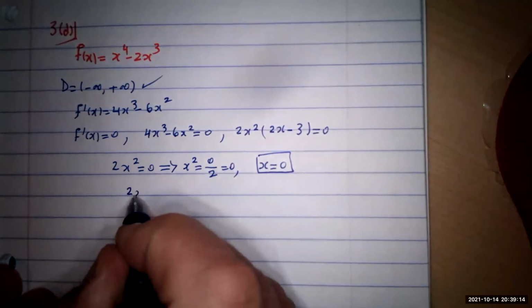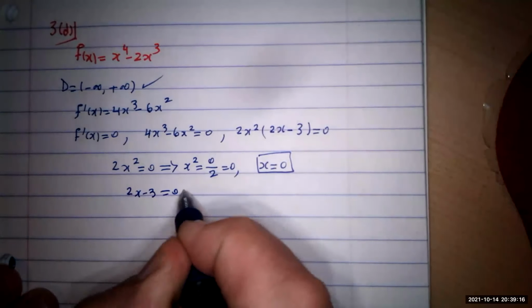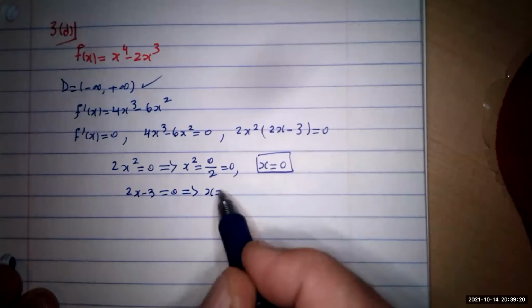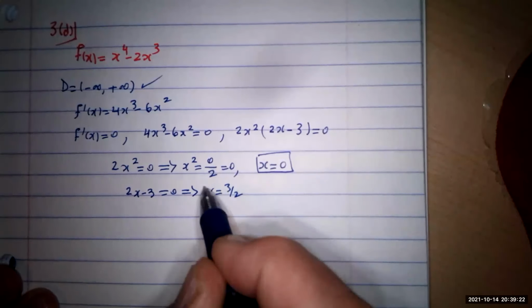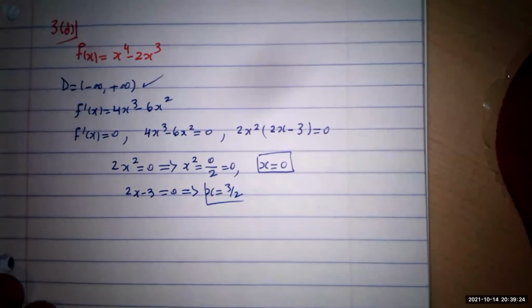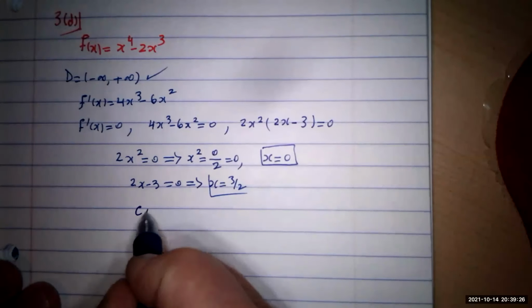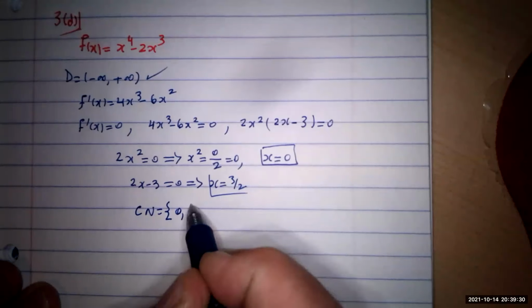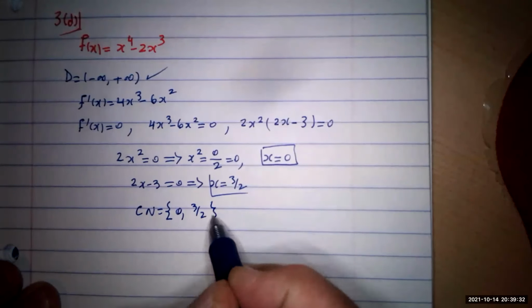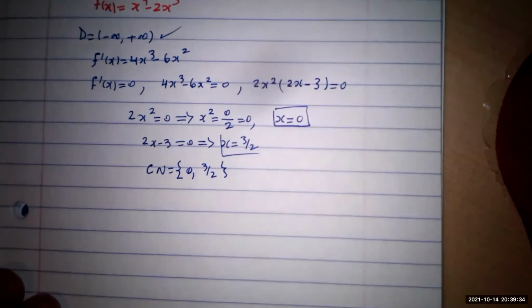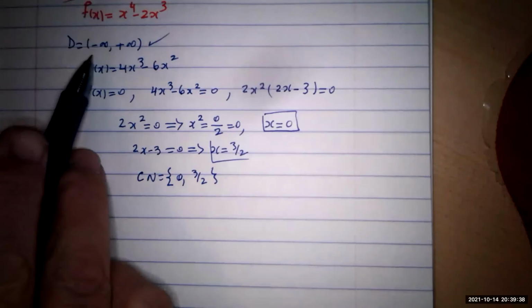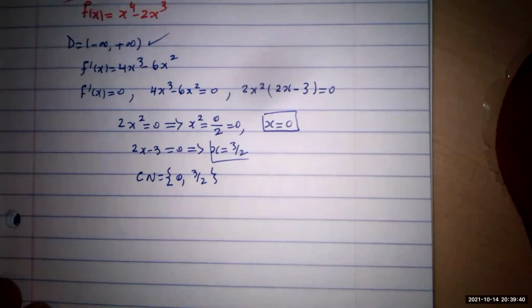Then you let 2x minus 3 equal 0, so x equals 3/2. So you have two critical numbers: 0 and 3/2. No checking is needed because the domain is negative infinity to positive infinity, so these are the candidates.